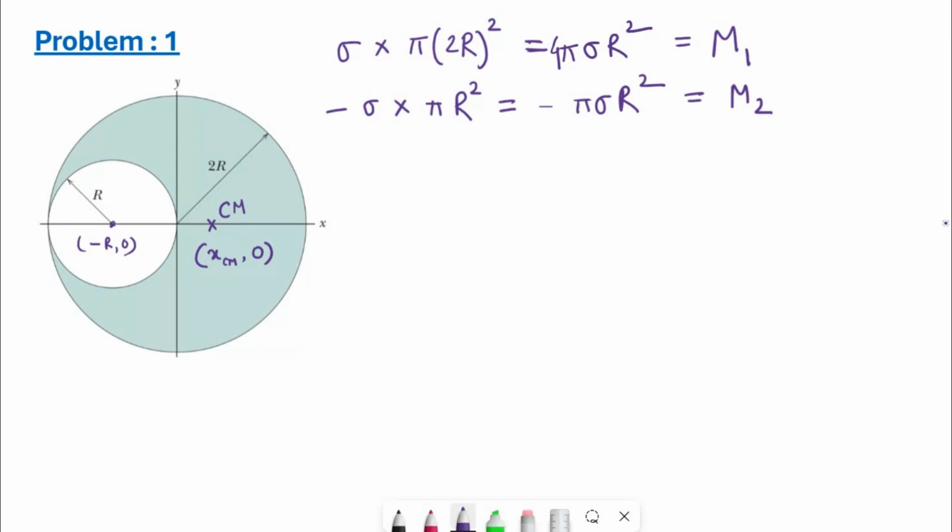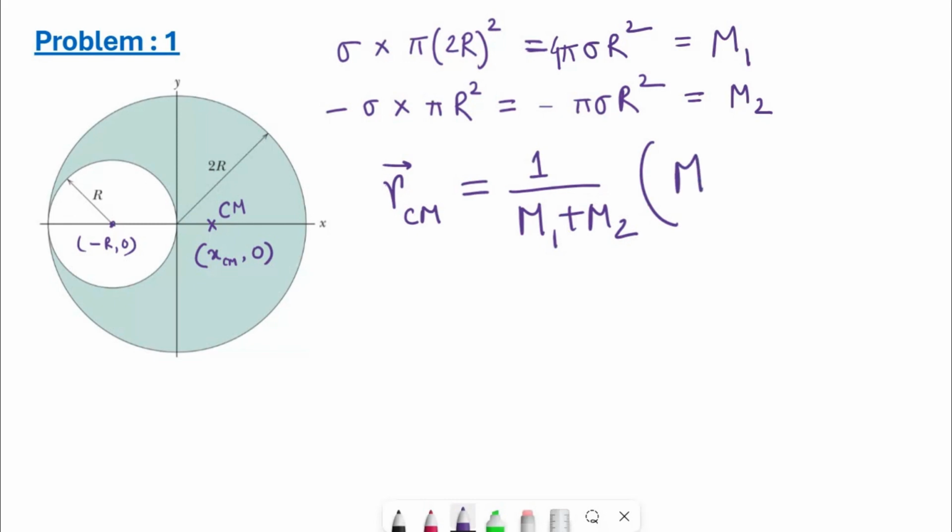The way we can do it is this: the position vector of the center of mass is by definition given by this formula, 1 over m1 plus m2 times the sum over individual masses times the position, m1 r1 plus m2 r2.